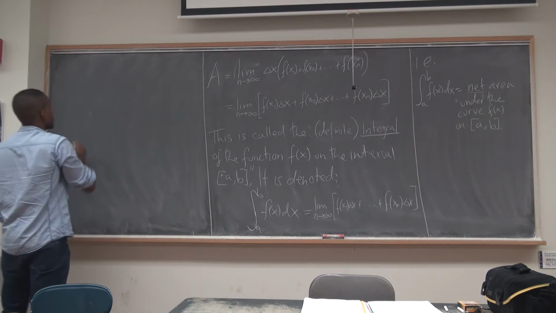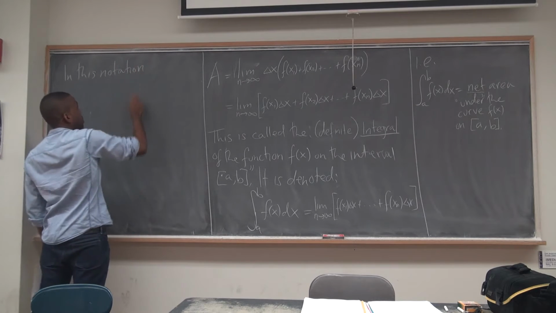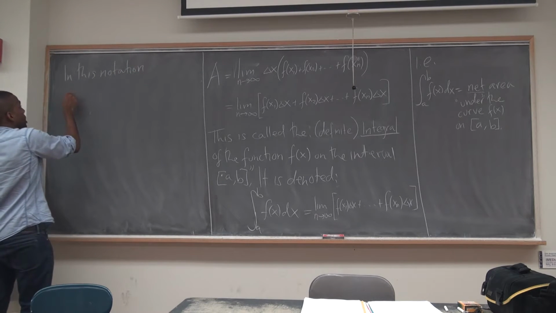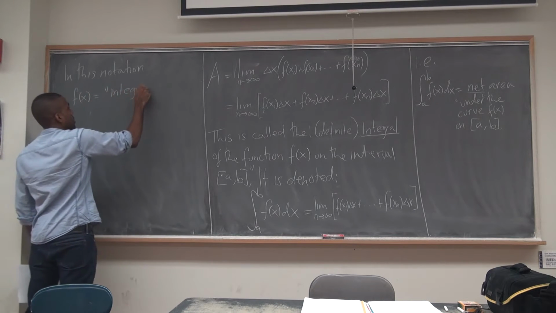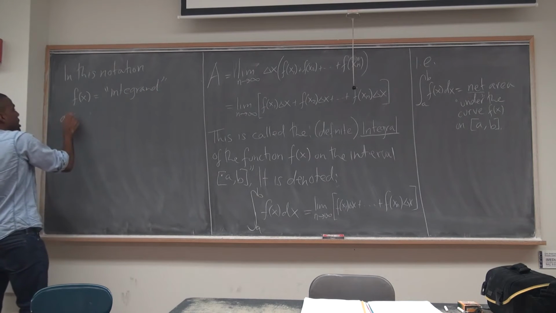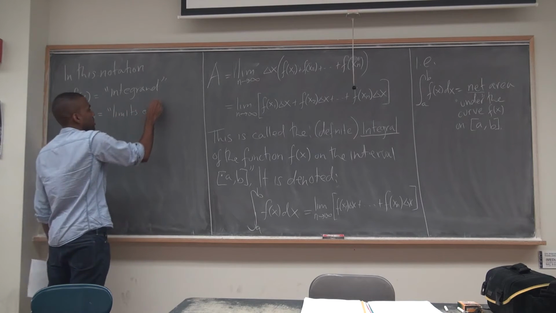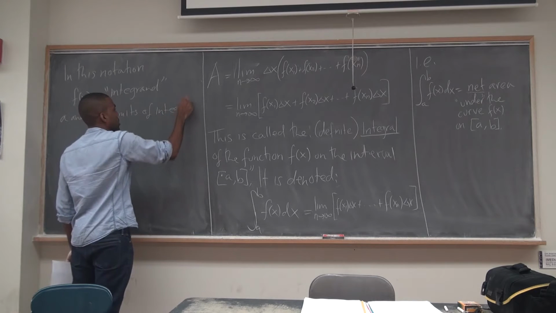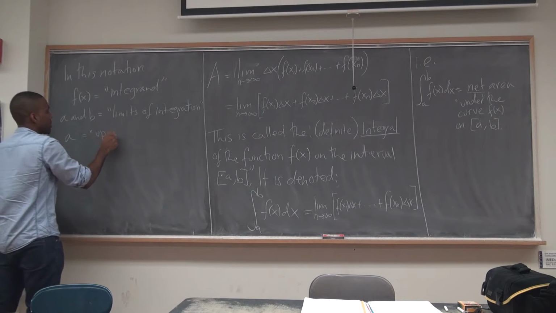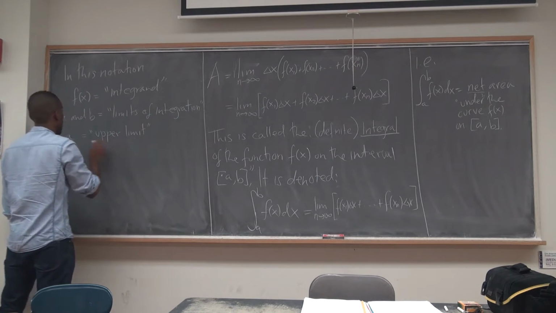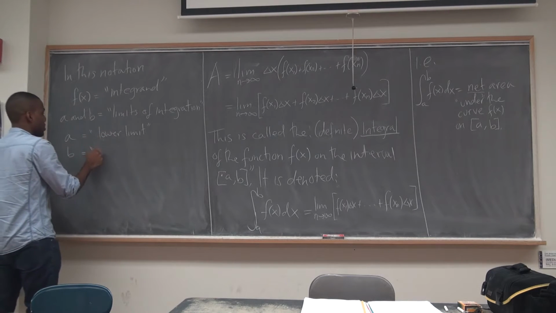Some more terms in this notation, which was invented by Leibniz. f of x is called the integrand. a and b are called the limits of integration. a is on the bottom, so it's the lower limit. b is called the upper limit.